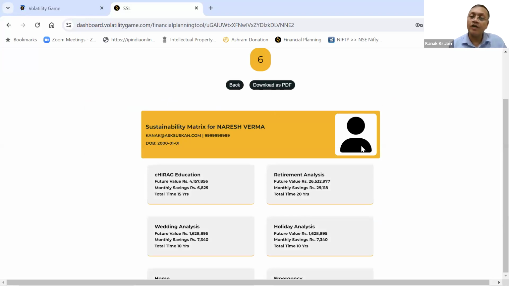So here is the photograph of the client. Here is the name of the client, the email, the mobile number, and his date of birth. And 6,800 is required for the education of the child to create a corpus of 41 lakhs. 29,000 per month is required to create a corpus of 2.65 crore for retirement.